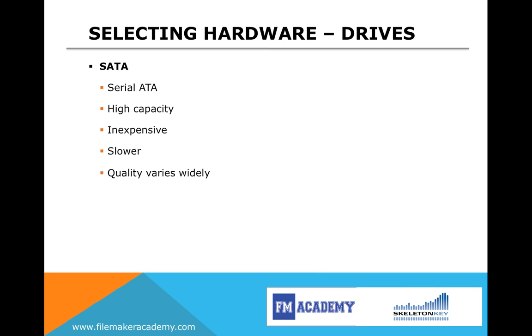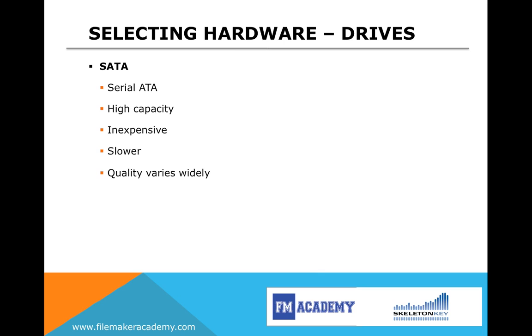Overall, they tend to be slower. And you really see a wide variety of quality in these drives. The machine that you buy at Office Depot or Staples or any machine, its base drive is going to be a SATA drive in most cases.